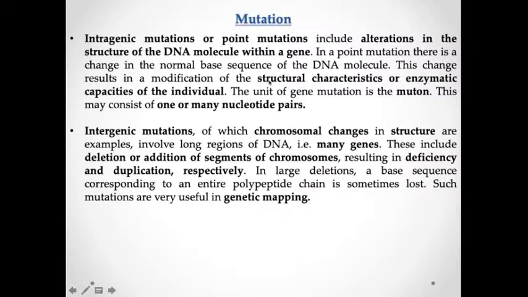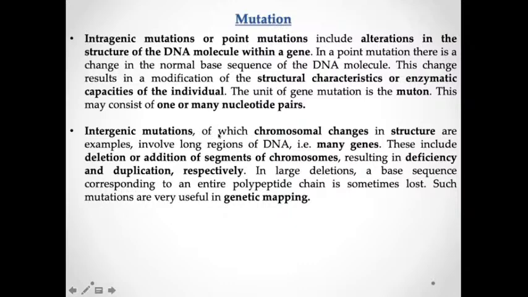Once your DNA is changed, it will lead to changes in the structural as well as enzymatic characteristics of the individual. The unit of gene mutation is known as a muton, and it may consist of one or many nucleotide pairs.